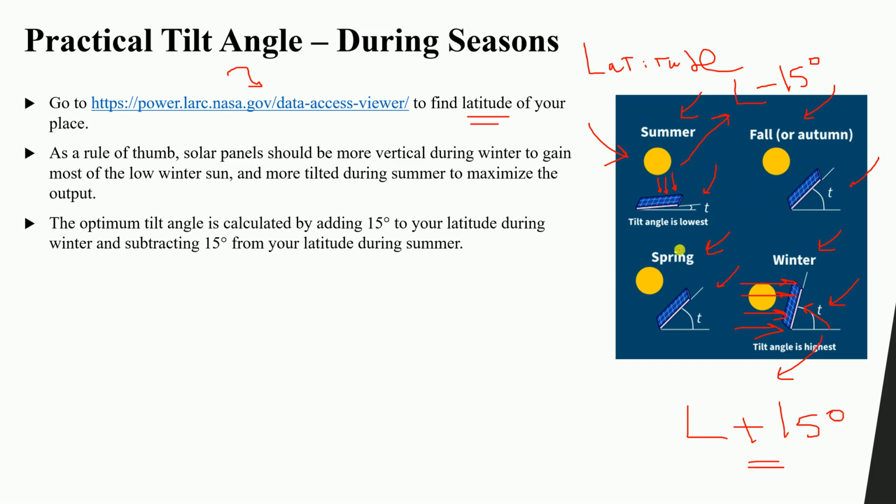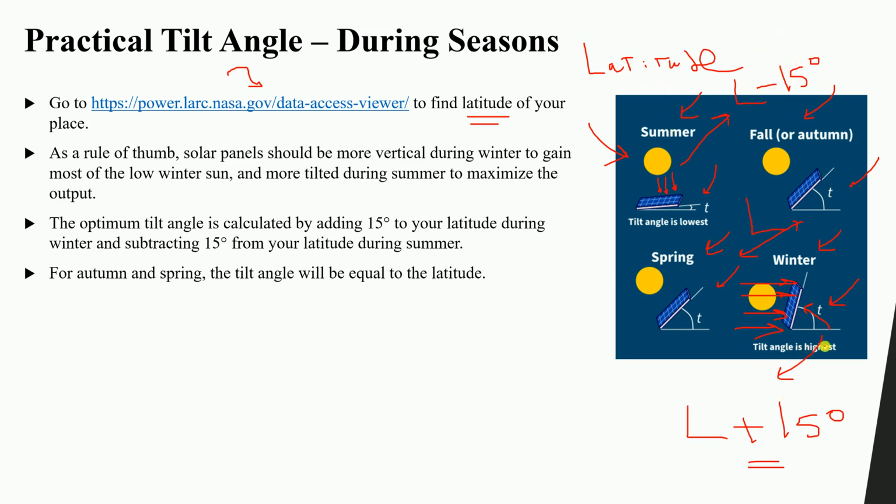For spring and fall, the tilt angle will be equal to the latitude. Very easy, right? So what are we going to do in practical situations? If you are looking for the best tilt angle during summer, you choose the latitude minus 15 degrees.